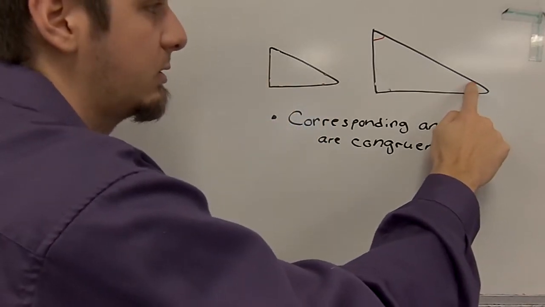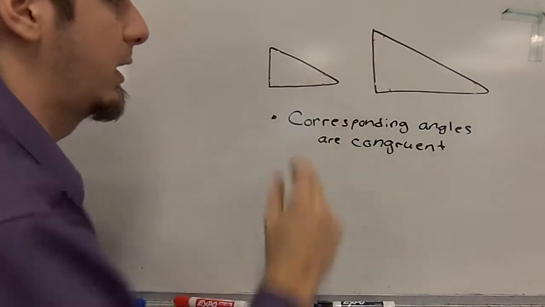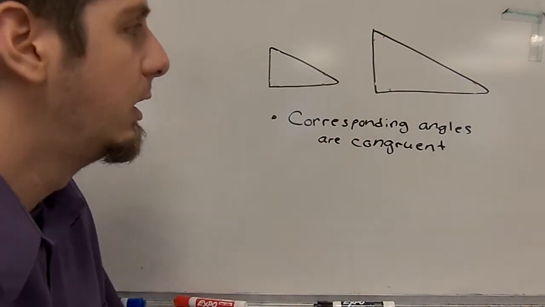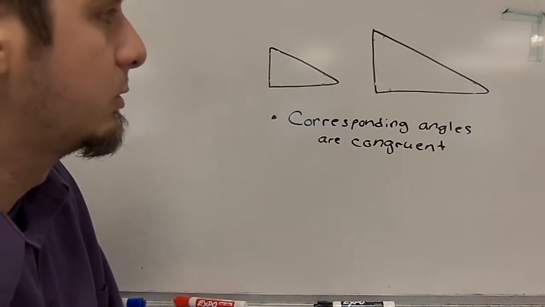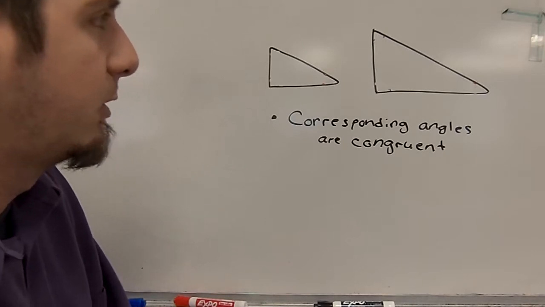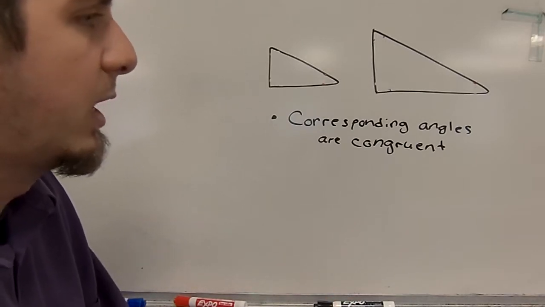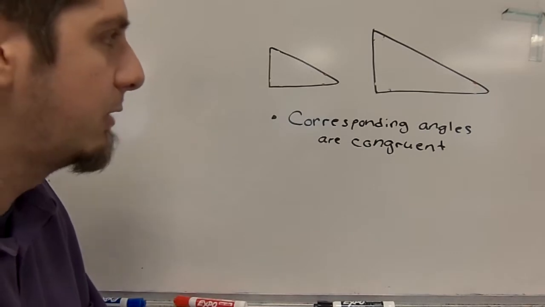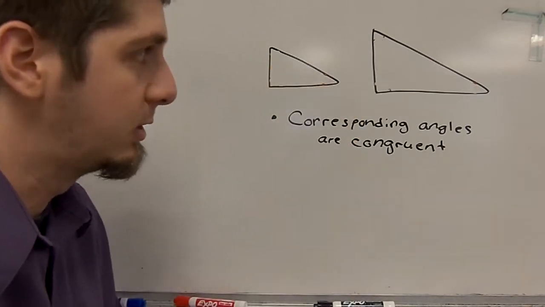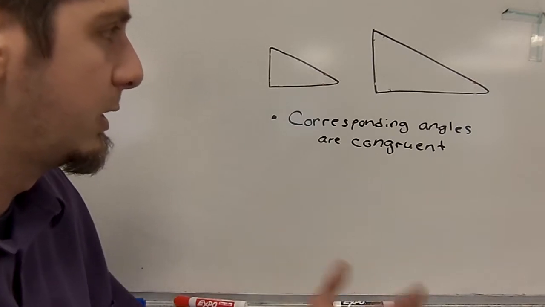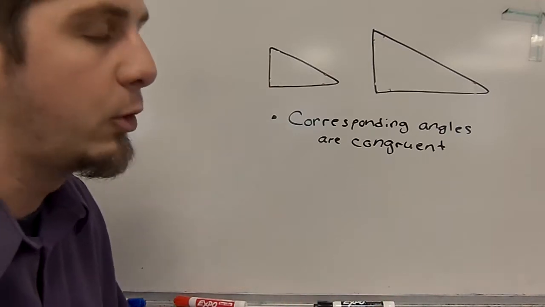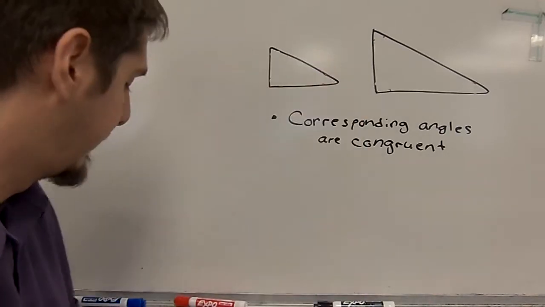It wouldn't make sense for all of the smaller triangle's angles to get smaller, because if you recall correctly, all triangles, no matter what shape or size, have a total sum of 180 degrees for their three angles. Every single triangle, if you add up their three angles, will get you 180 degrees. So the degrees of the angles inside a triangle don't vary based on the size of the triangle. All triangles have 180 degrees inside them.